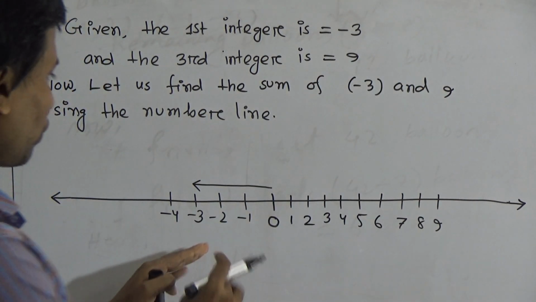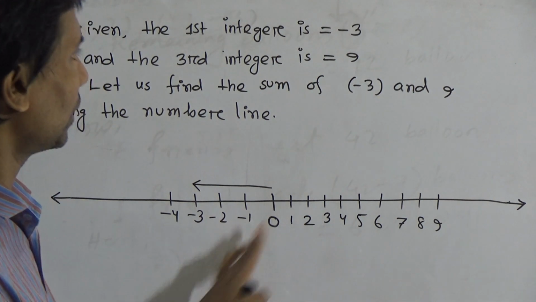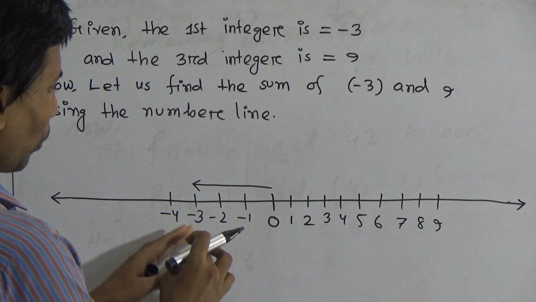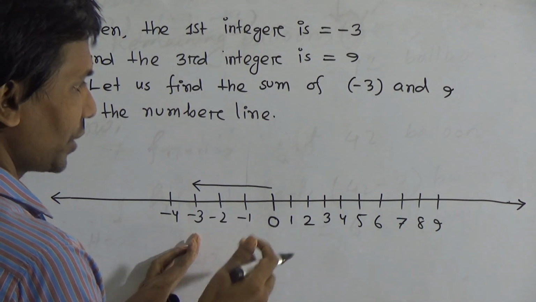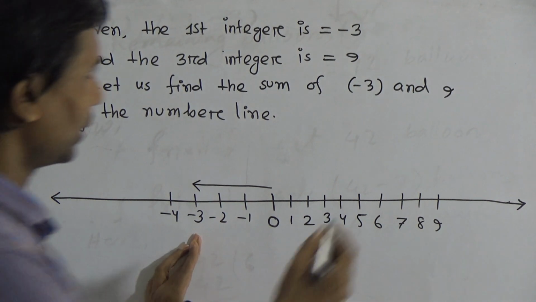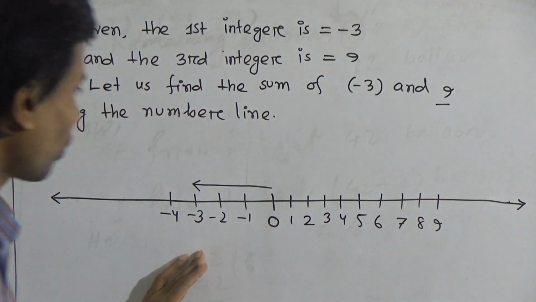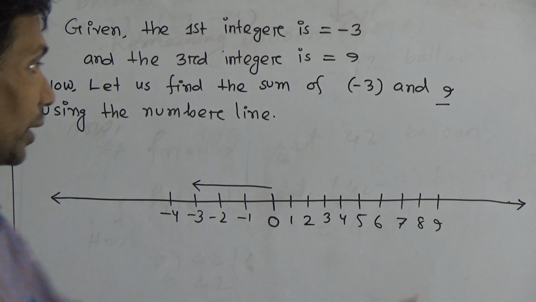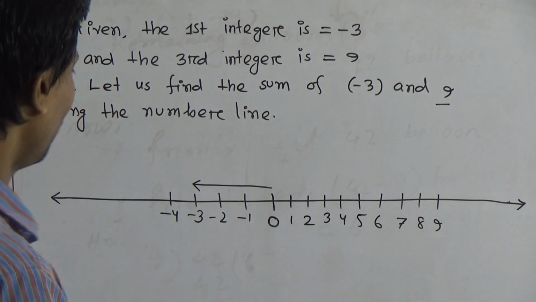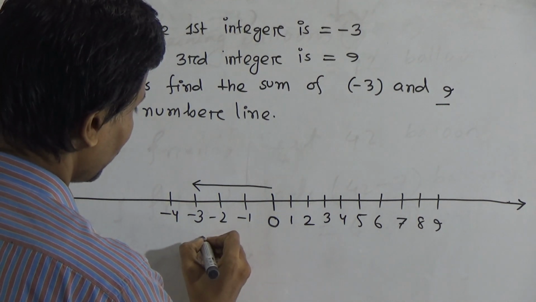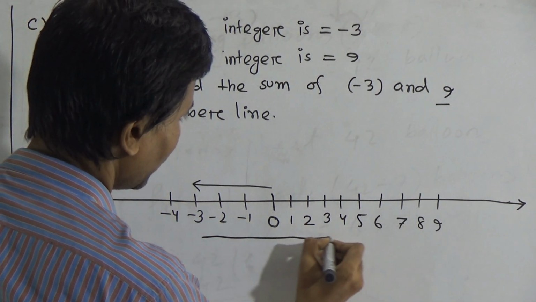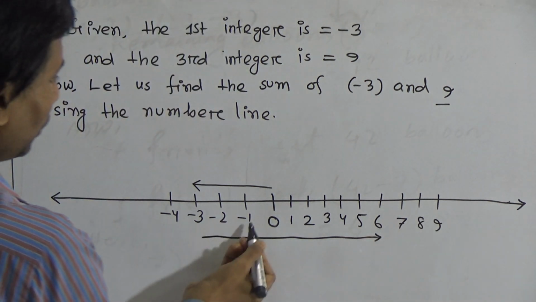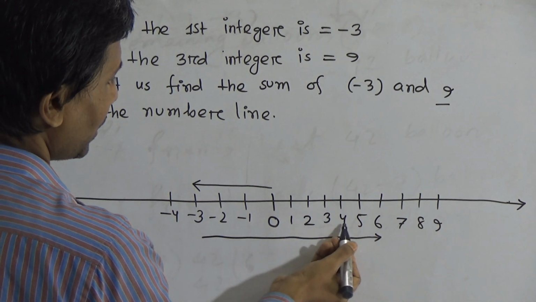Now you have to count from here. Okay, where is 9? From here you have to go 9 steps. Student, mind it, you have to move 9 steps from here, not to 9. Look, like this way: 1, 2, 3, 4, 5, 6, 7, 8, 9.